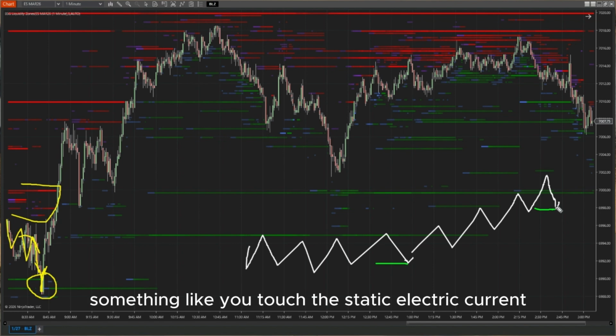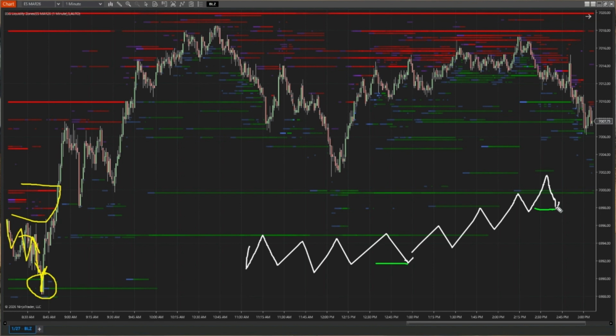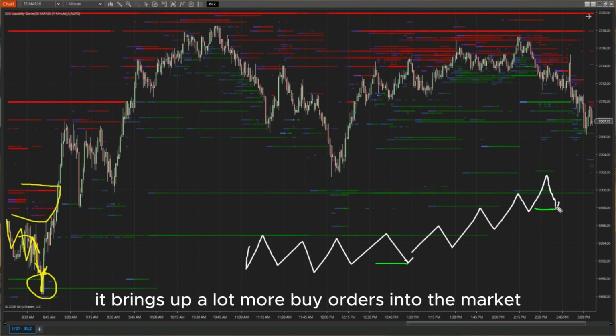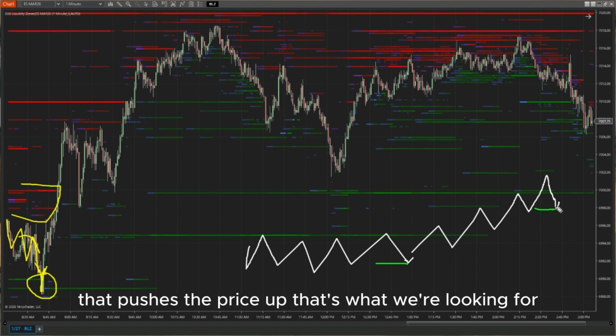Something like you touch static electric current. How fast you take your hands off, you feel some kind of reaction. Price, once it touches, pulls back immediately. Why? Once the price touches, it triggers the limit orders, and then it brings a lot more buy orders into the market that pushes the price up. That's what we're looking for.